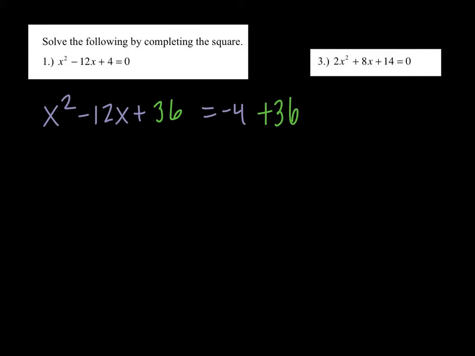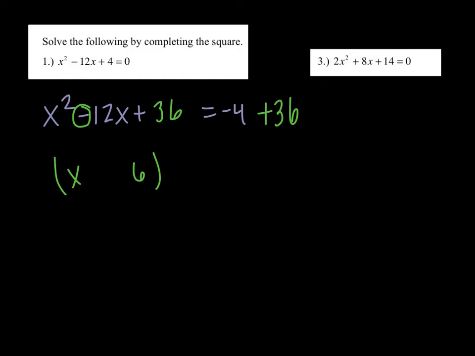So now that we've found the term that makes this a perfect square trinomial, we can write the left side as a squared binomial. So this will become x and 6. And remember, you're always matching that term or that operation, whatever that first one is.